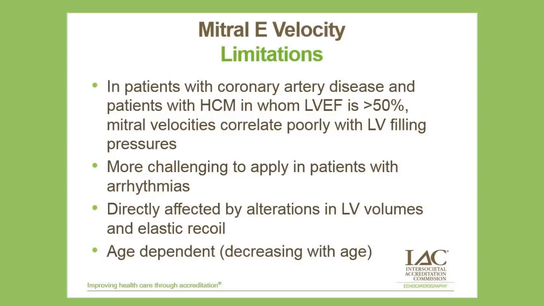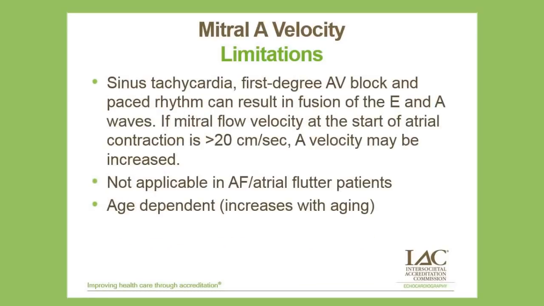The E velocity is also directly affected by alterations in LV volumes and elastic recoil, and it is age dependent. If you recall, most patients as they age go from a normal E velocity to decreased and into an abnormal relaxation pattern. The A velocity also has limitations, and really this centers around fusion of the E and the A waves.